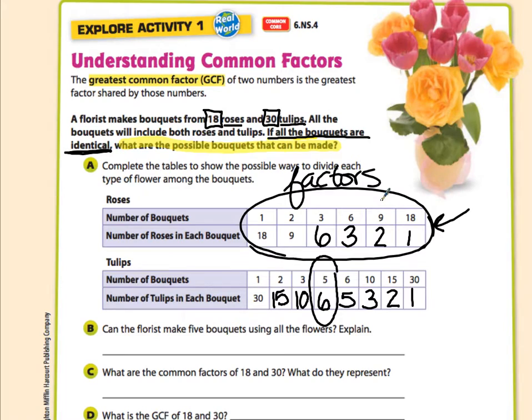However, up here by the roses, they're not able to take 5. They're not able to make 5 bouquets and use all of the flowers. If I made 5 bouquets, maybe I could put 3 in each, but then I would have some left over.